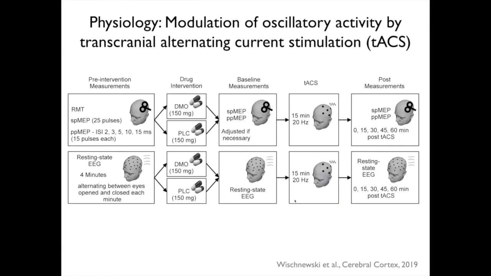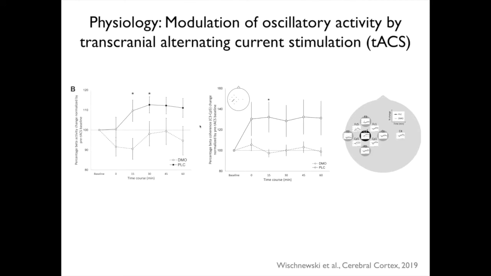In a recent study, we were interested in mechanistic effects of the stimulation. Miles Wischnewski conducted a study in our laboratory where he did beta frequency stimulation over the motor cortex, and we combined the stimulation with dextromethorphan, which blocks NMDA receptors, because we wanted to learn about the contribution of the glutamatergic system on this oscillatory modulation via tACS, 20 Hertz stimulation.